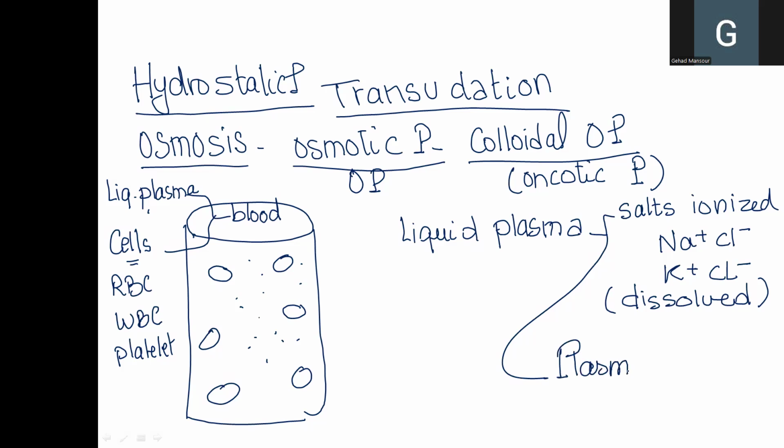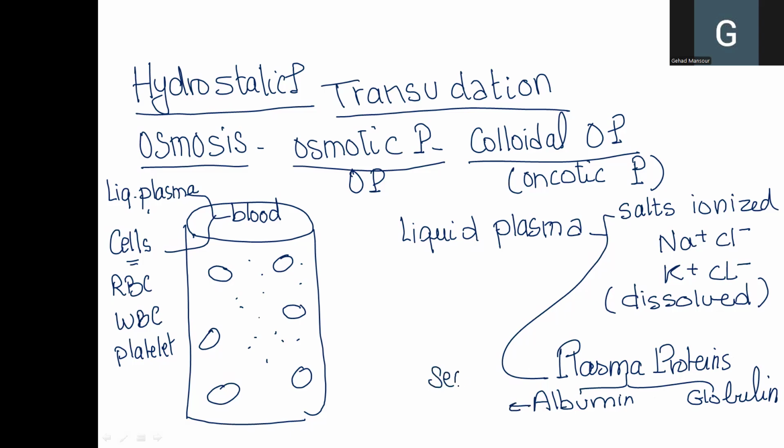The plasma proteins like albumin and globulin. And these plasma proteins are formed and secreted by the liver.